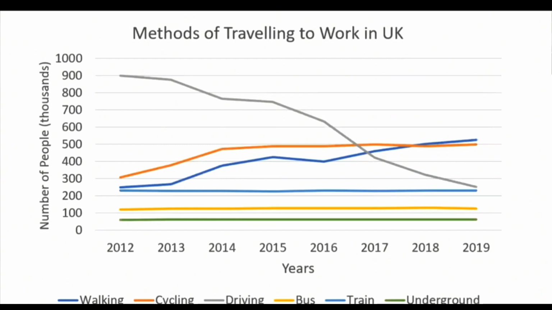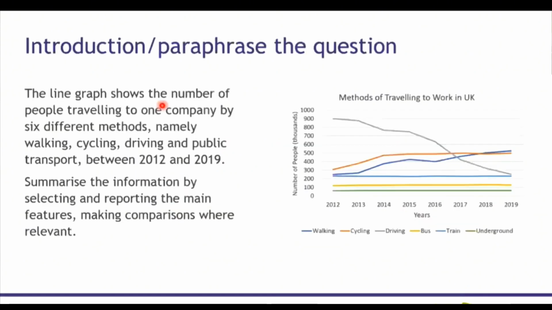So we've got this in our question. It's important to think that we need to paraphrase this part. So this whole first section is what we need to paraphrase. The second section that we can see at the bottom here, this is the same for all of the IELTS Academic 1 task questions.